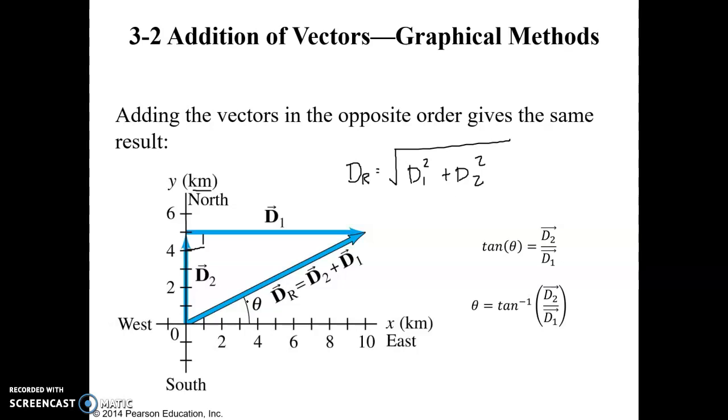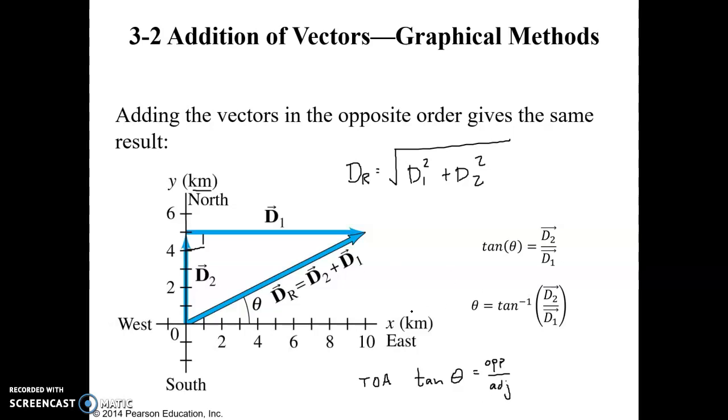And then if we want to find the angle that it makes with the x-axis, we have to remember from trigonometry class, SOHCAHTOA. The TOA means that the tangent of an angle is equal to the opposite side over the adjacent side.